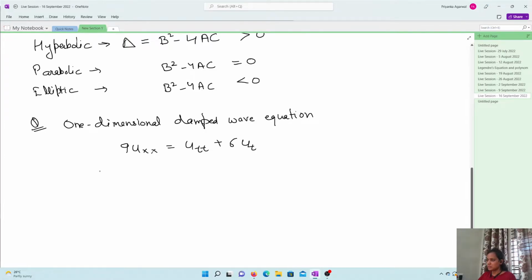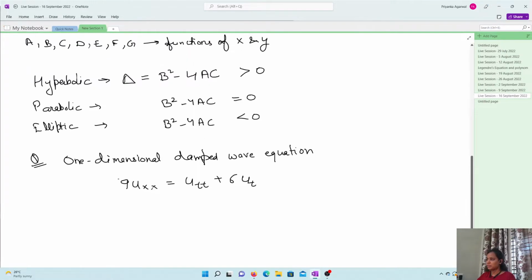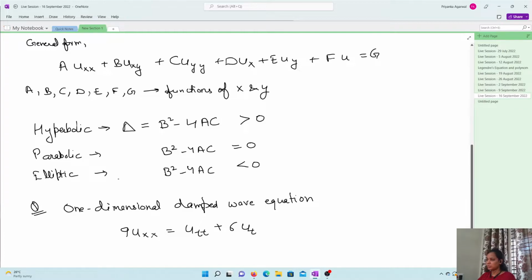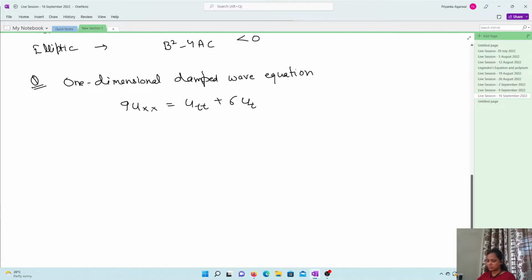Okay, so first let's write it in the general form. So in general form, if we rewrite it, it becomes 9uxx minus utt minus 6ut equals to 0.